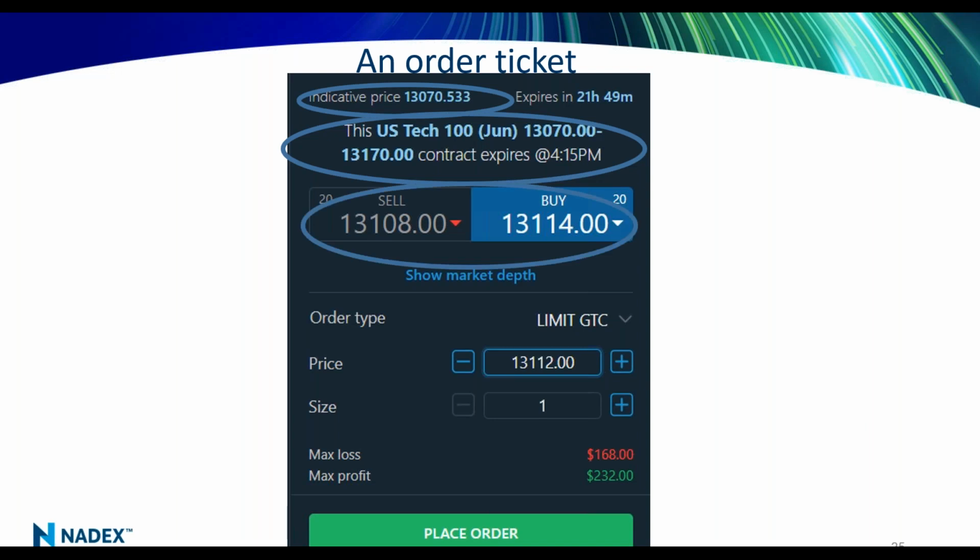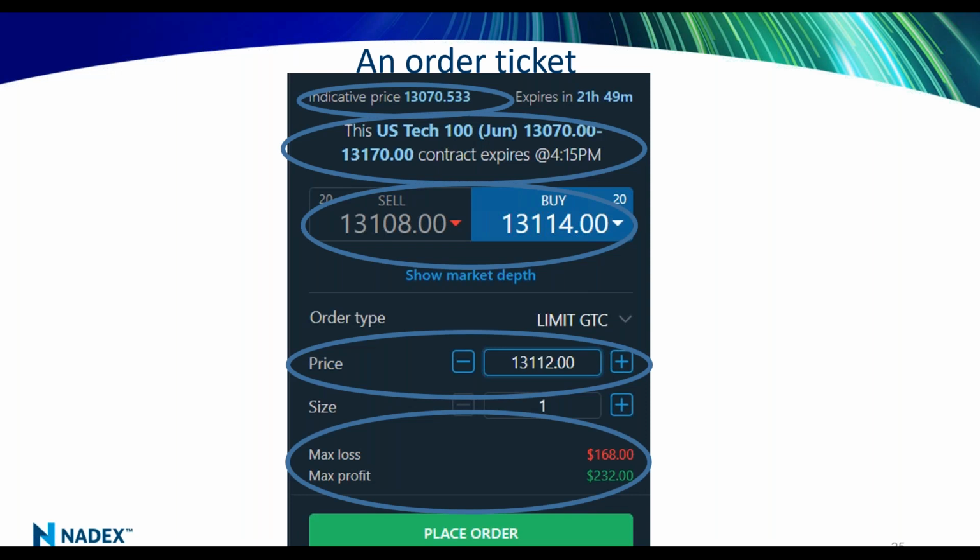It gives the same bid-ask spread. Even though the indicative price of the underlying is 13,070, the price I'm trying to buy, 13,112, that's the price that I'm trading for the call spread. I'm paying a premium, but that's because I've got the optionality and I know what my maximum potential profit and loss are, baked in there on the order ticket.